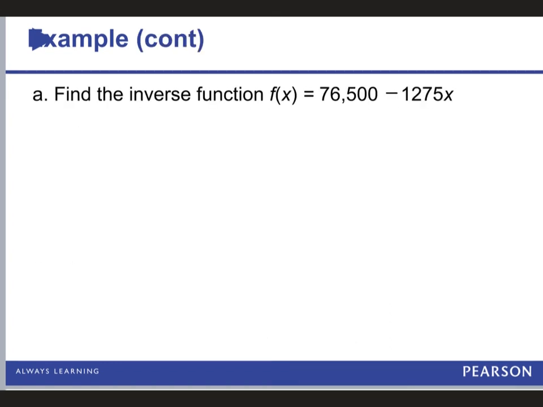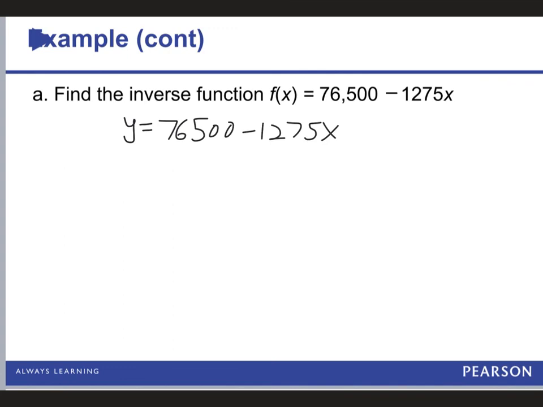All right, so we're going to look at an application where we want to change this into its inverse. And so the 4 steps that you took in your notes are the same we'll use here. Step 1 is to replace the f of x with y. So we have 76,500 minus 1,275x, and the f of x is now y.